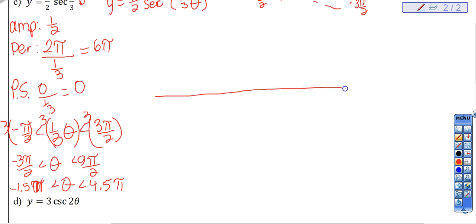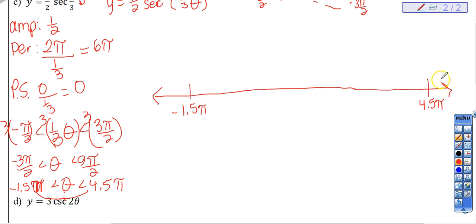to do some division, because you have to remember that secant has 3 asymptotes, of which these 2 are on the ends, and then there's one right in the middle between them. Secant has 3 asymptotes and 2 critical points. So I'm going to start my graph at negative 1.5 pi, going to finish my graph over here at 4.5 pi.